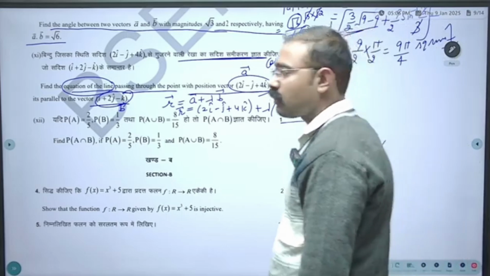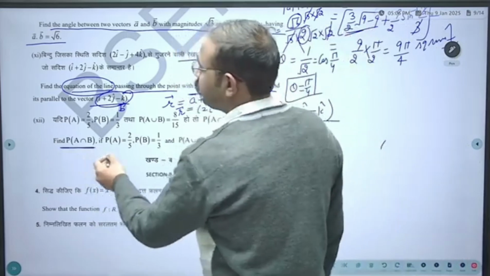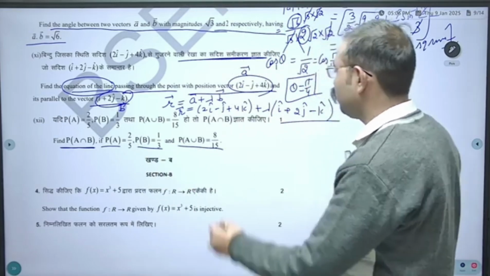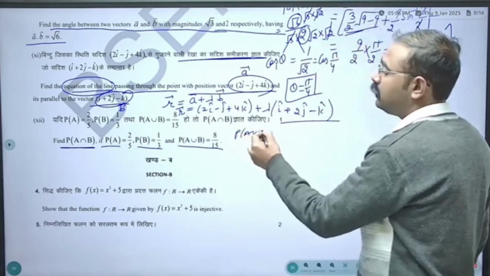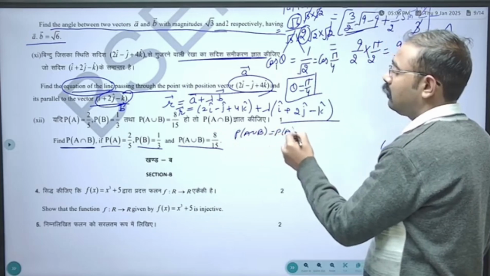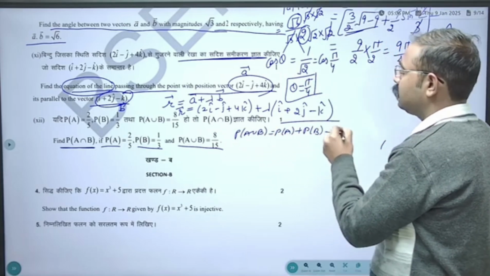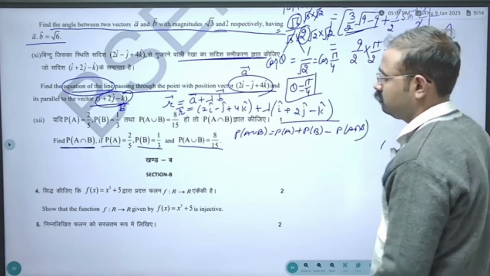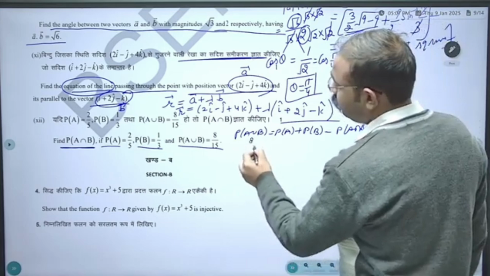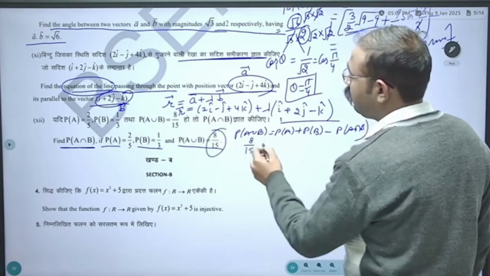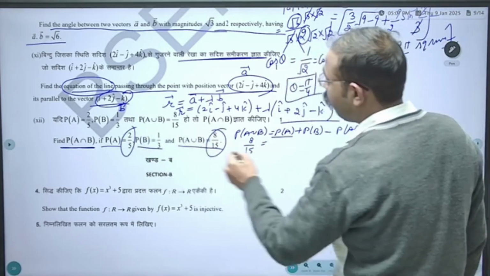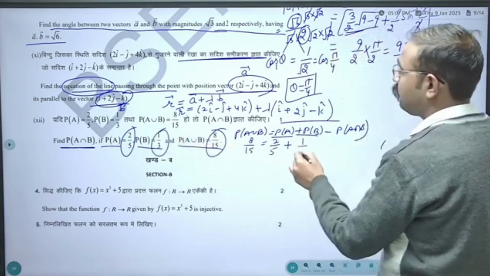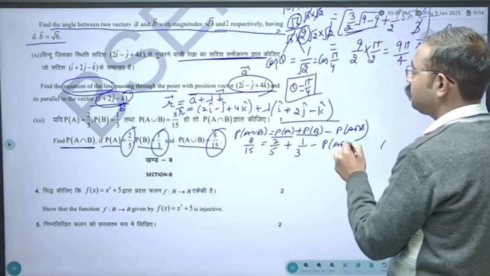Next is: find P(A intersection B). P(A) is given to us, P(B) is given to us, and P(A union B) is given to us. We know that P(A union B) equals P(A) plus P(B) minus P(A intersection B). We have all these values. P(A intersection B) is 8 upon 15, P(A) is 2 upon 5 plus P(B) is 1 upon 3 minus P(A intersection B).